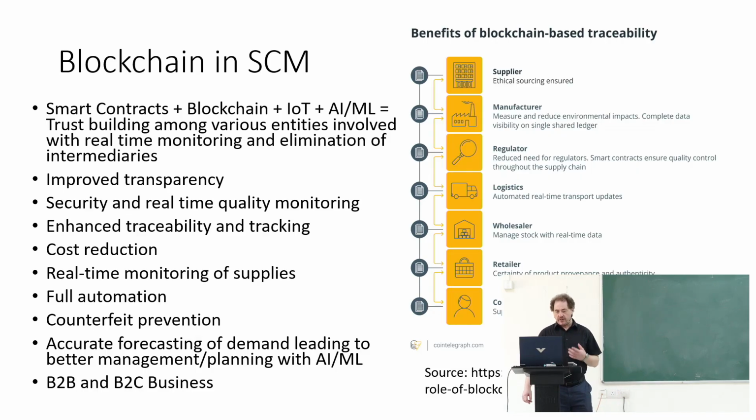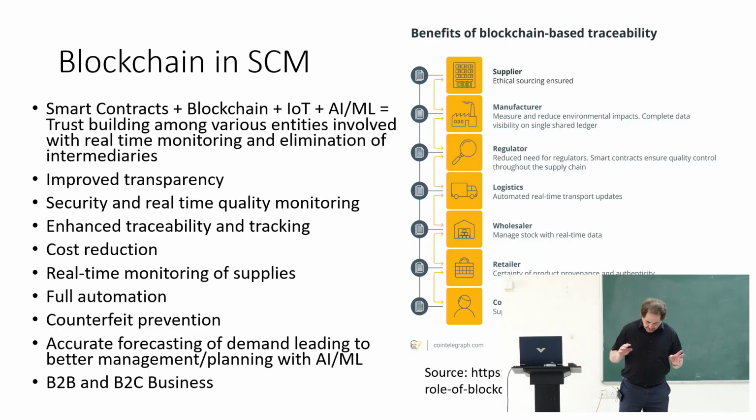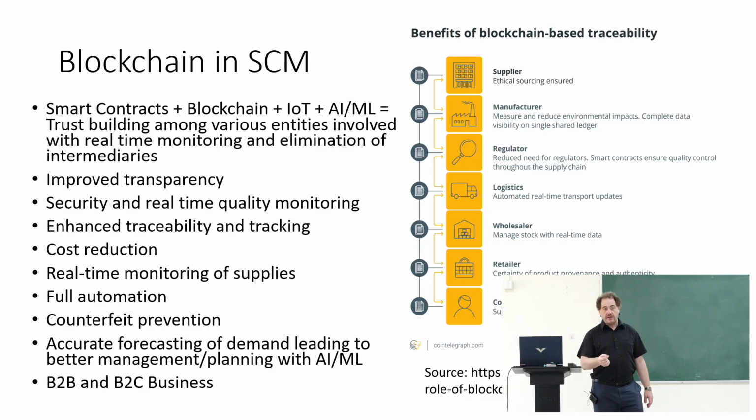Smart contracts and blockchain help with the elimination of intermediaries and also improve transparency. If the sensor is not tampered with, then the information is reliable, then we can make sure that the information is recorded on blockchain, and that increases transparency and verifiability of the information.